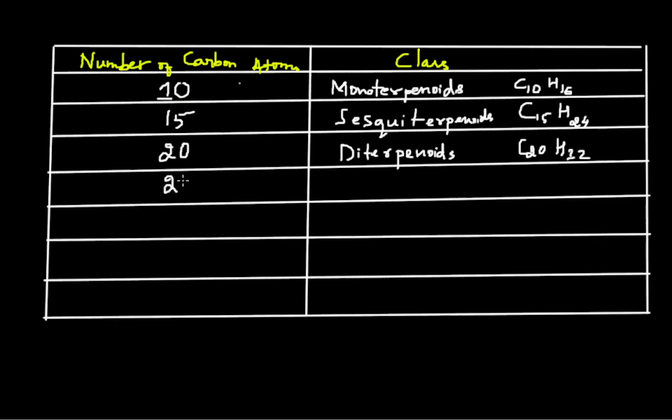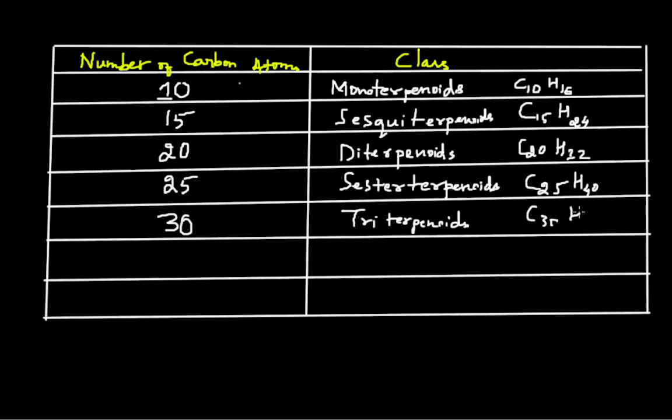If they are 25, they are called sesterterpenoids. So they are C25H40. If the carbon atoms are 30, they are called triterpenoids.